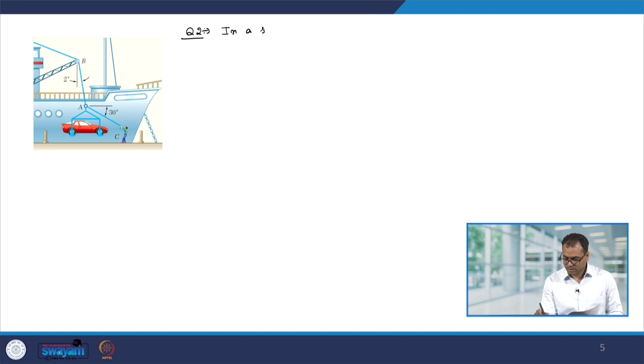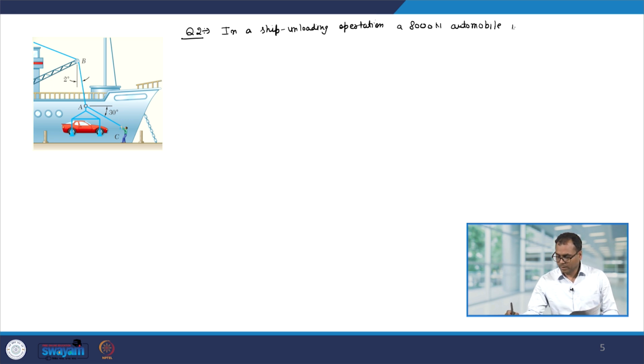Let us look at another example, and here the problem statement is the following. In a ship unloading operation, an 8,000 Newton automobile is supported by a cable.